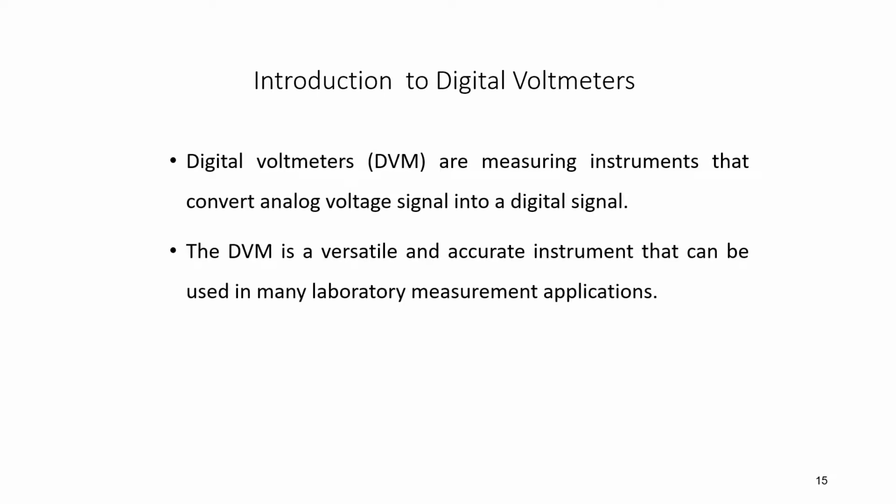So digital voltmeters are measuring instruments that convert analog voltage signals into a digital or numeric readout. This digital readout can be displayed on the front panel and also used as an electrical digital output signal.